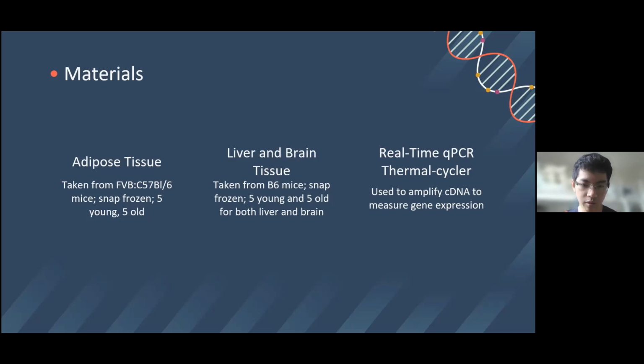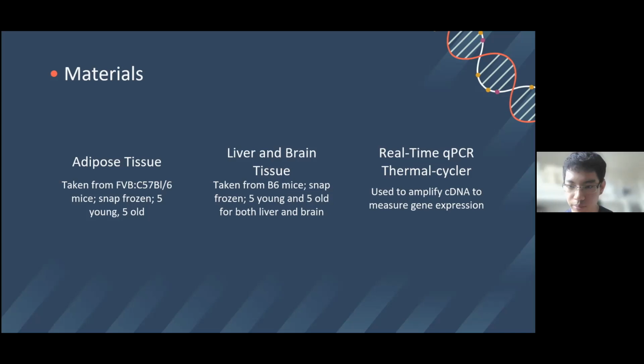They were also snap frozen, and actually, unlike what it says on this slide, there were only 3 young and 2 old samples for both liver and brain.